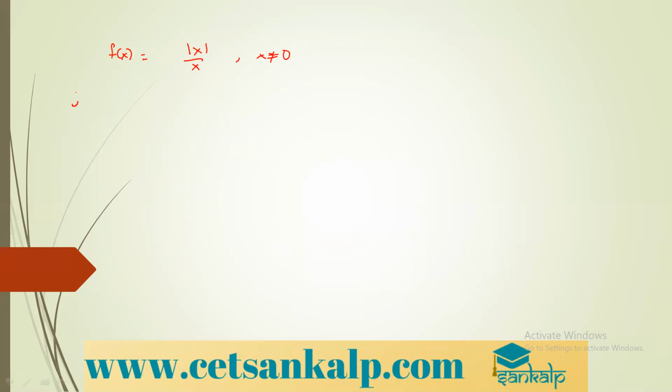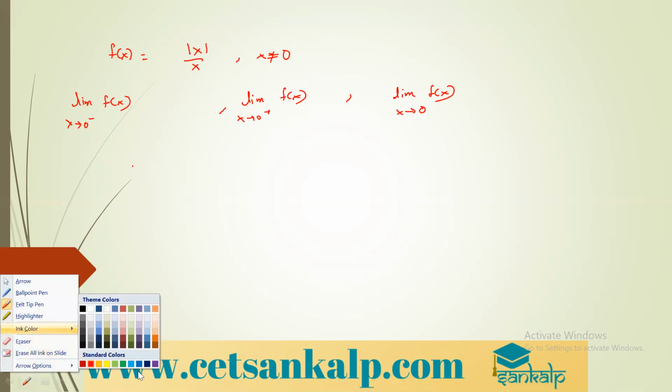So the question is, you have to find limit of f of x as x approaches 0 minus, limit of f of x as x approaches 0 plus, and hence limit of f of x as x approaches 0. All these three. So first of all, I will write the function.